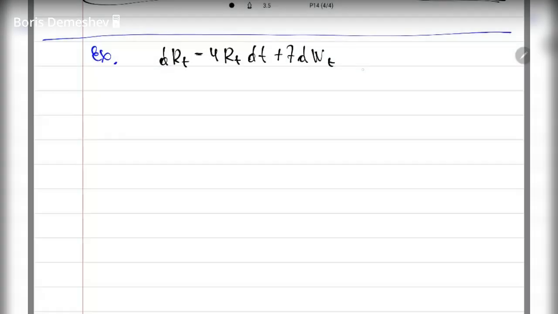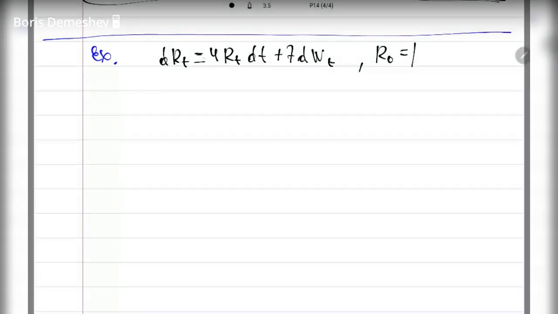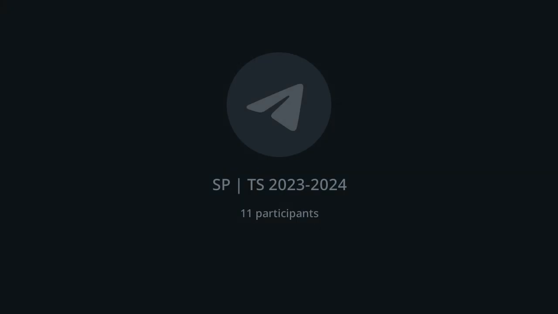This type of equation can be used to model interest rates, obviously with other parameters. So the parameters 4, 7, and the initial condition are just out of the blue, but the structure of this equation can be used to model interest rates.